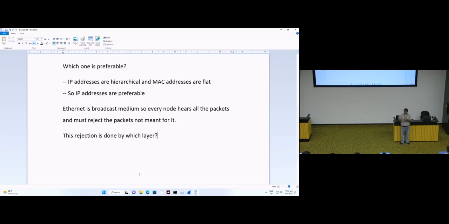So perhaps I have another addressing mechanism exposed at layer 2 that allows me to reject packets. And that's the anticlimactic reason why we use both. It's a little bit more efficient to reject the packet at layer 2 than at layer 3. Does that make sense?